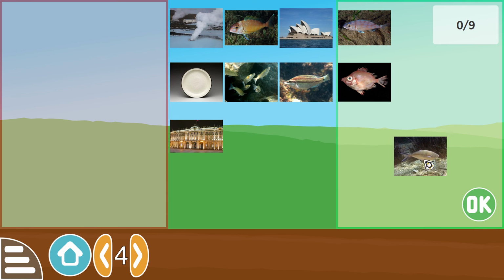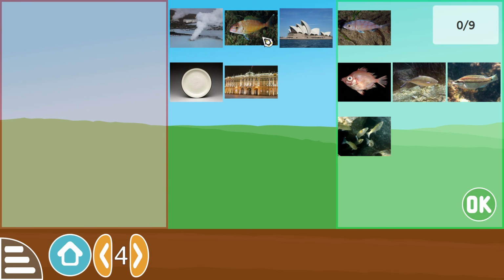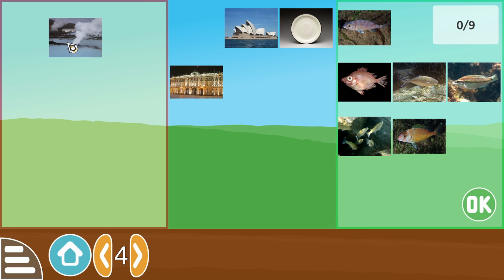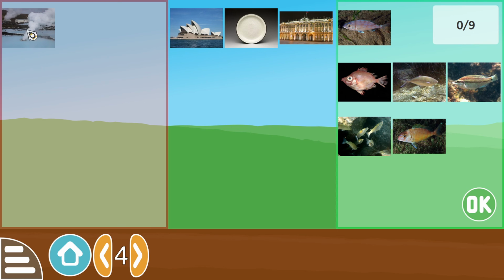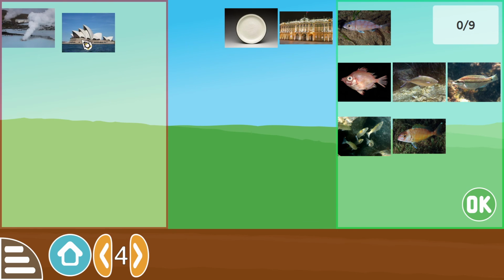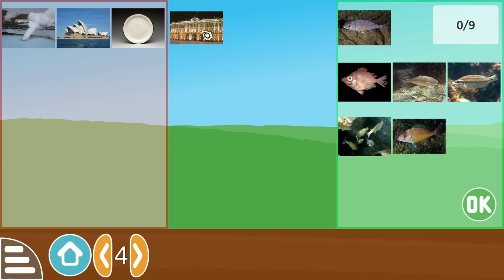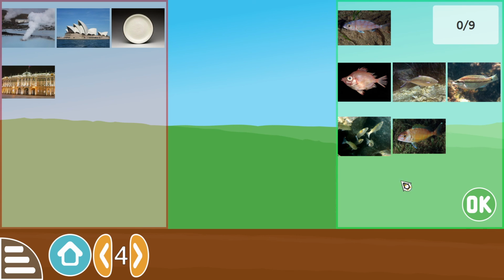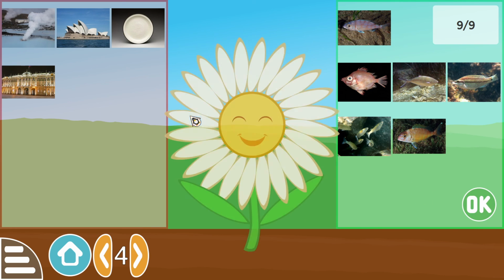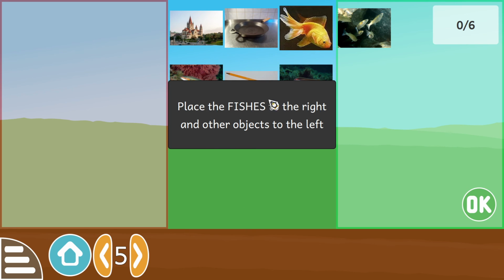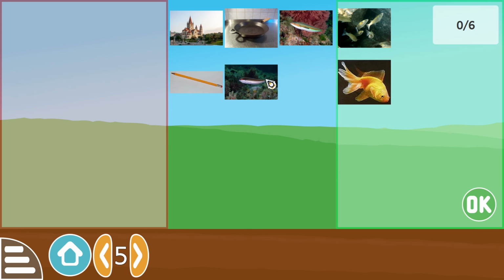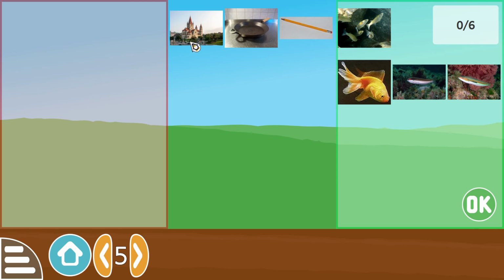Start with the fish again. This looks to be a geyser of hot water or steam coming out as well. We've got the Sydney Opera House, plate, and a building. Just 3 fishes.